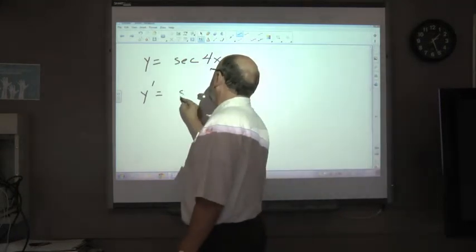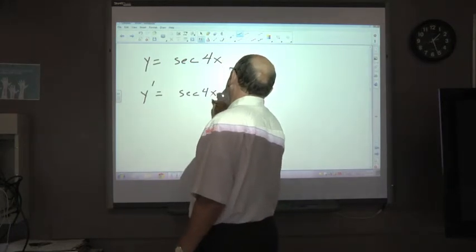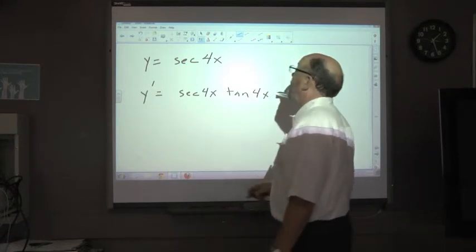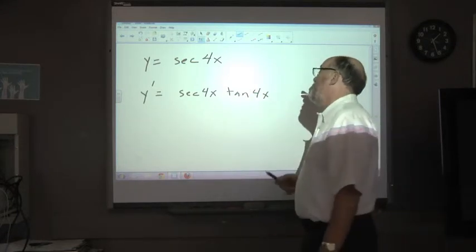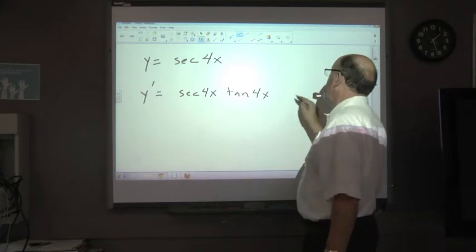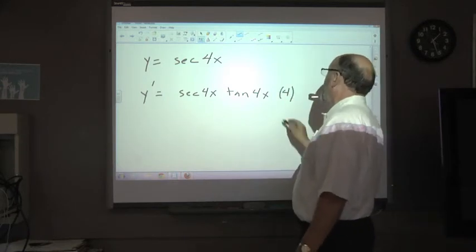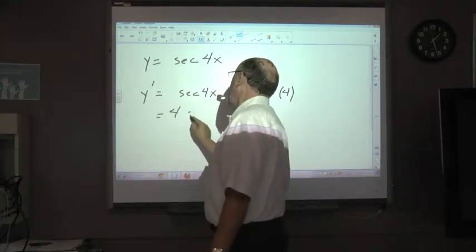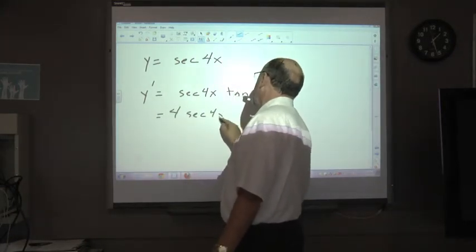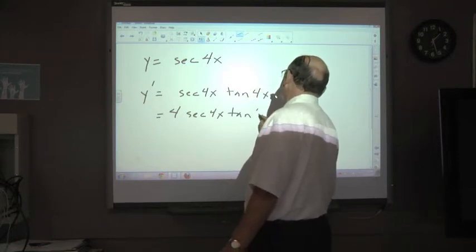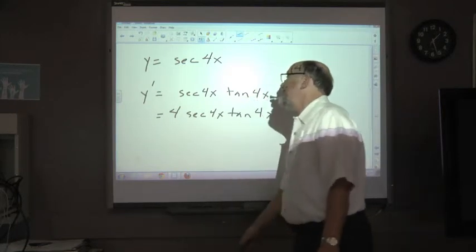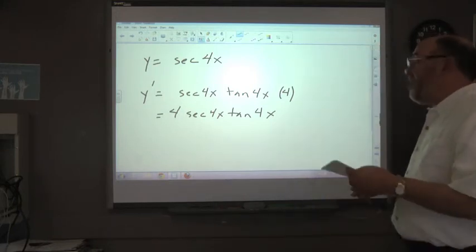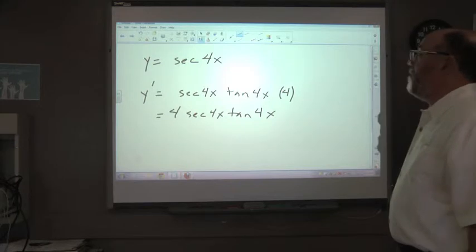So this is going to be secant 4x tangent 4x, and then we have to take the derivative of the angle, which was 4x, and so that is 4. But in terms of convention, we'll take that 4 and bring it to the front, and so that would be my derivative of this particular y.